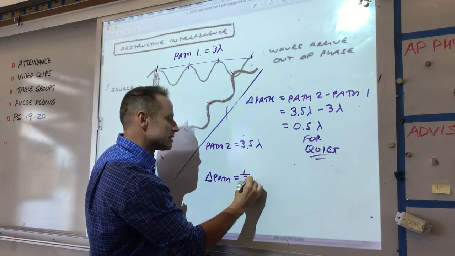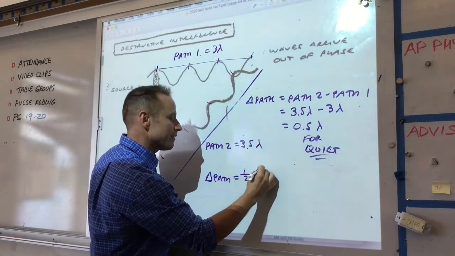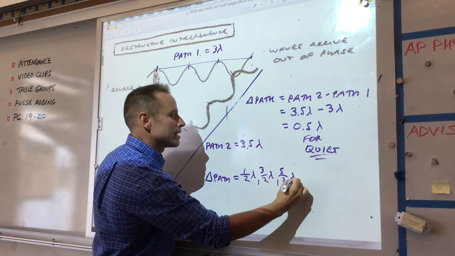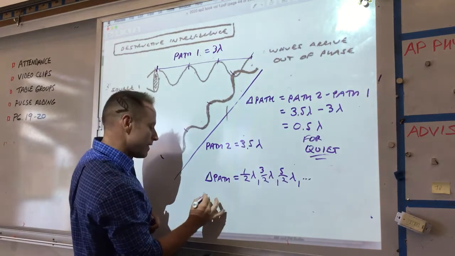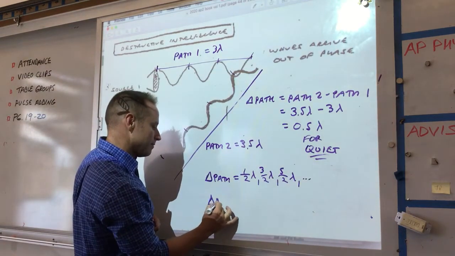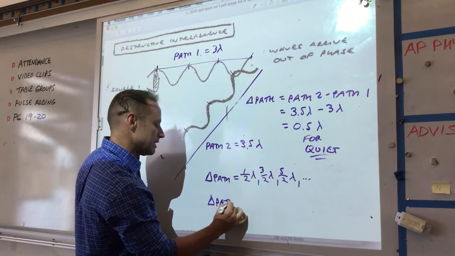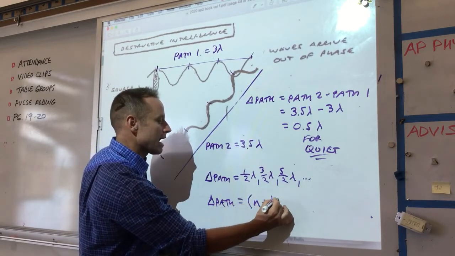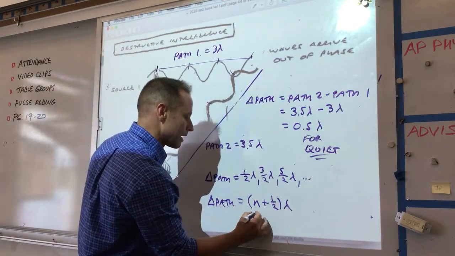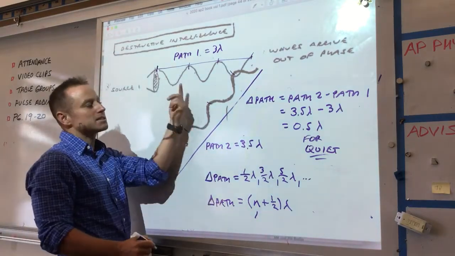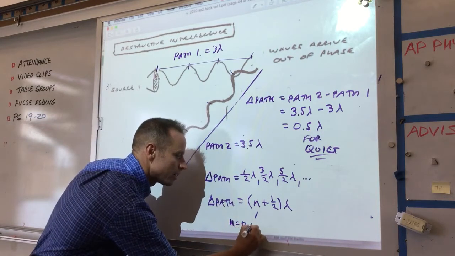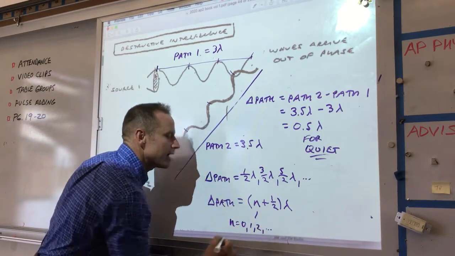One way is to say the delta path is half a wavelength, or 1.5 wavelengths, or 2.5 wavelengths, dot dot dot. The way that this tends to be written, maybe more concisely, is like this. You say delta path is (n plus 1/2) lambda, where again the n retains the same meaning as it had up above, where it can basically be any integer: 0, 1, 2, dot dot dot.